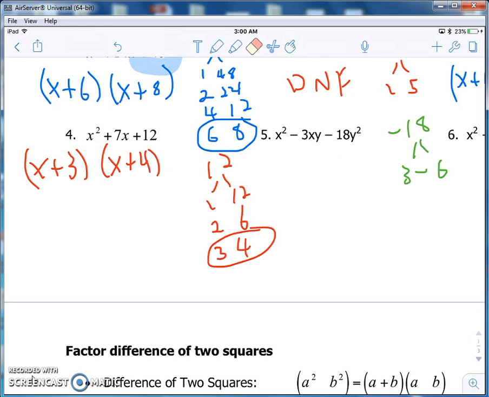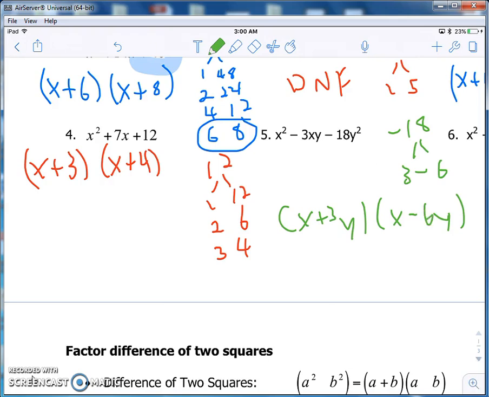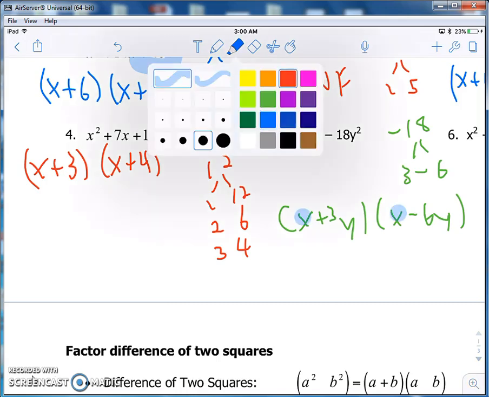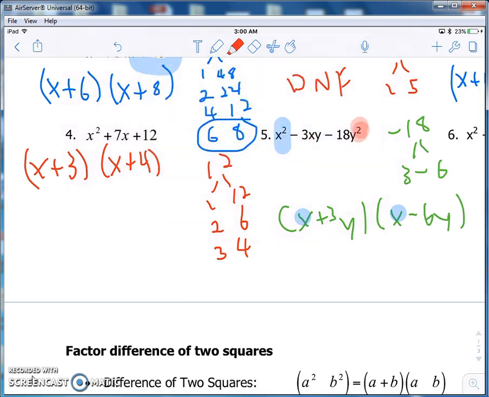Rewrite that. xy. We're going to put plus 3 with one of the y's and minus 6 with the other. And that's our factorization. So if you have two variables in this unit, it's very likely the variables just end up to the first power in the parentheses.